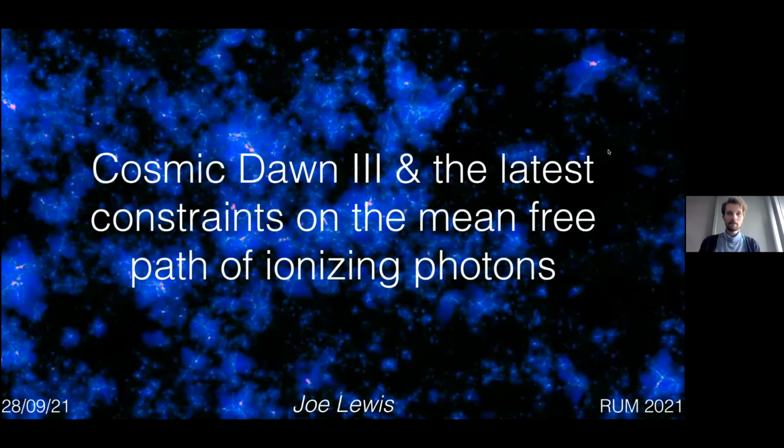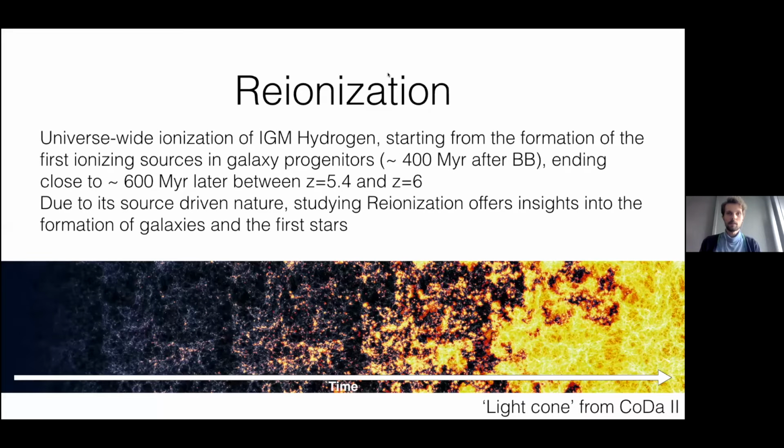I have the usual boring reionization slides. They're particularly boring because Pierre already showed some. But by now, everyone knows that reionization is a universe-wide transformation of the IGM hydrogen that was gradually ionized by the first ionizing sources in galaxies.